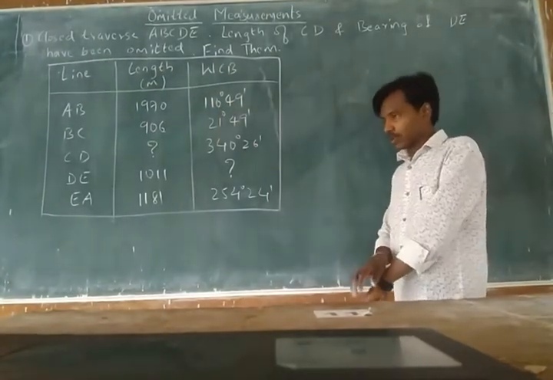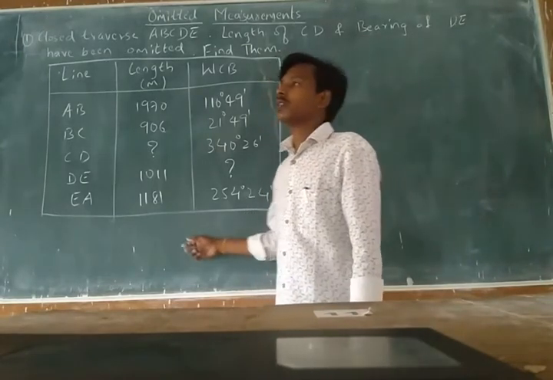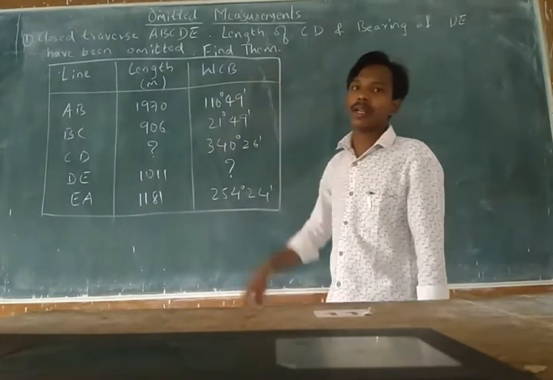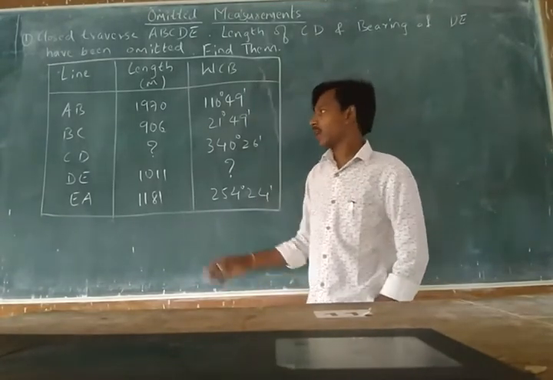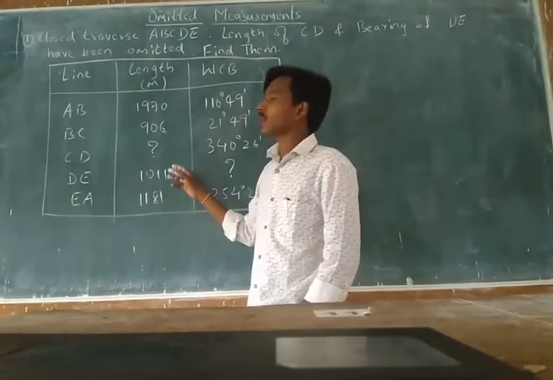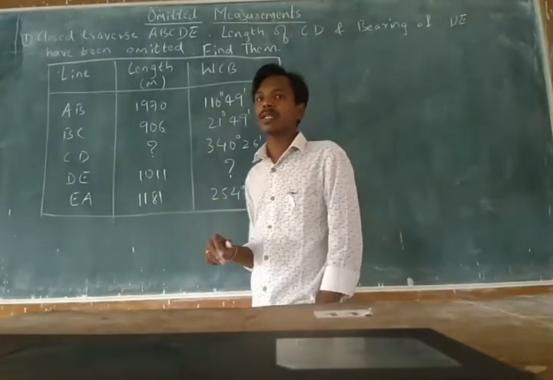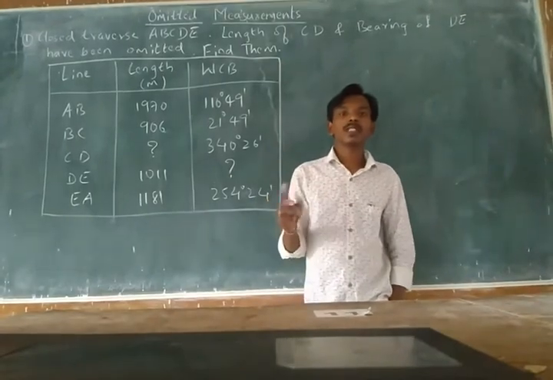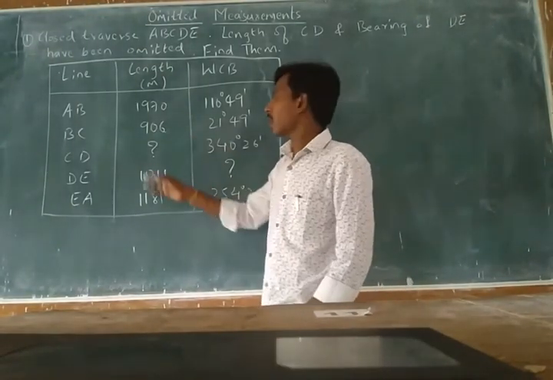Here you can see the question, and this is the first question from the topic omitted measurements. Previously I said that I am going to solve a problem on the first criteria, that means bearing and distance of the same line, but I am sorry, I am solving the second criteria here.